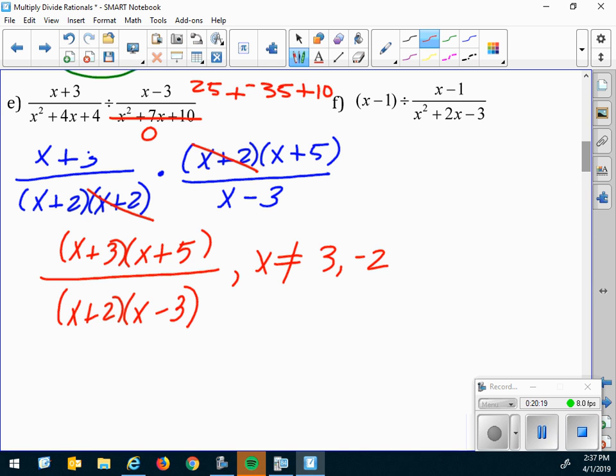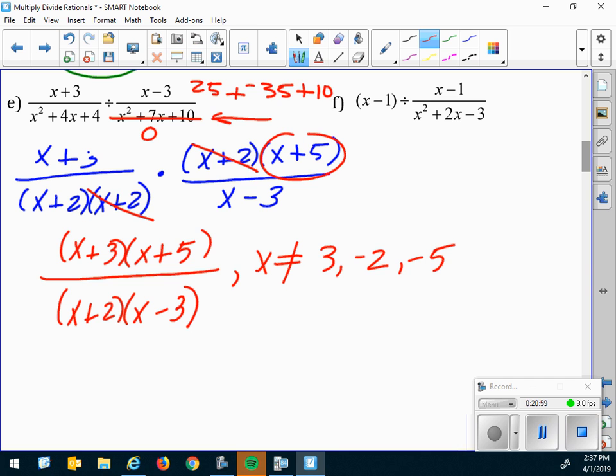When you are dividing, you have to do exactly what you did before, but you also have to look at the original denominator, because if you're trying to divide by something that doesn't exist, you can't take the reciprocal of it. So you're going to have to leave that negative 5 out as well. Because negative 5 would have made this 0. So you're dividing by something that doesn't exist, which is impossible. I know that's a little weird.